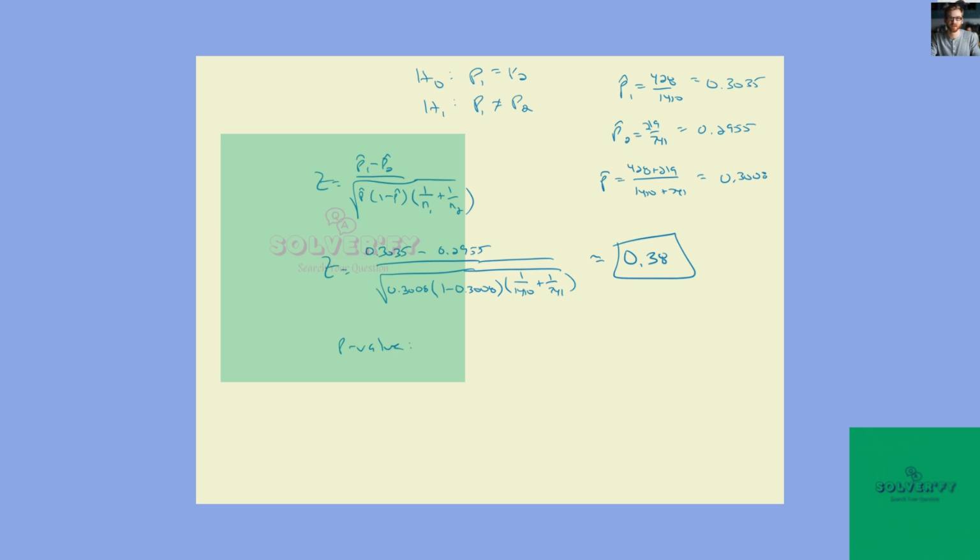The p-value for a z-score of 0.38 and a significance of 0.05 being two-tailed to 3 places is 0.704.